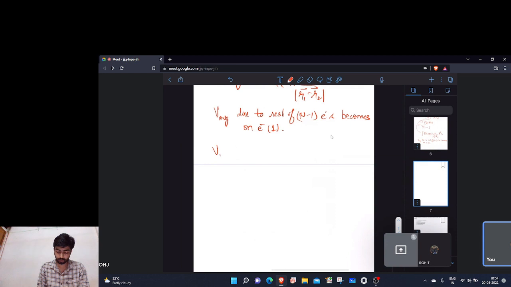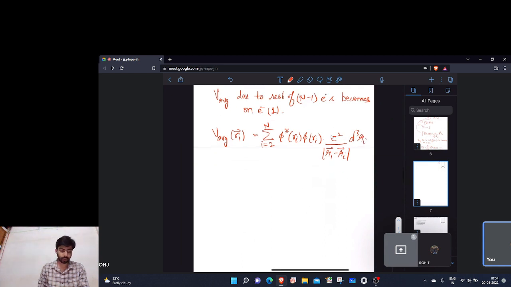So I can write V average acting on electron 1 as the sum over all the other electrons. The dummy index would run over all the other electrons, leaving out the first electron, and the probability of finding all these electrons at their respective positions is multiplied by the potential energy, R1 minus Ri, d cube Ri. Right.